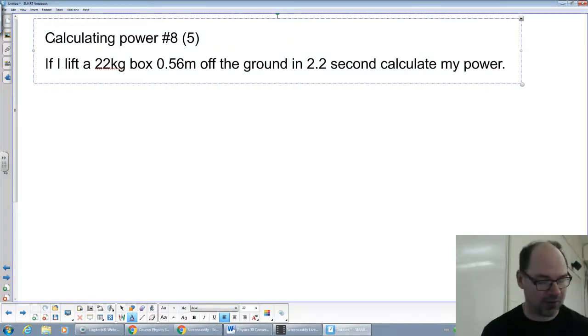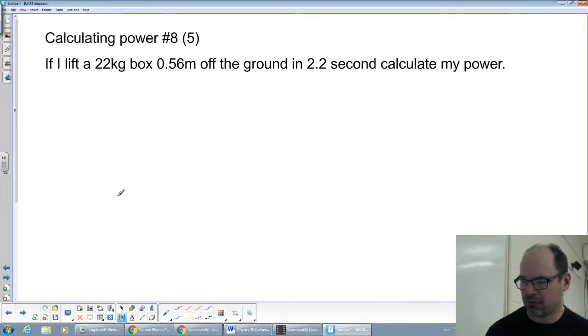Okay, so for example, in this case, we have to figure out what our energy is raising this box up. You can pause and try it on your own first.